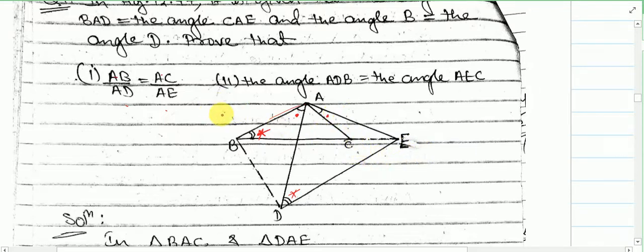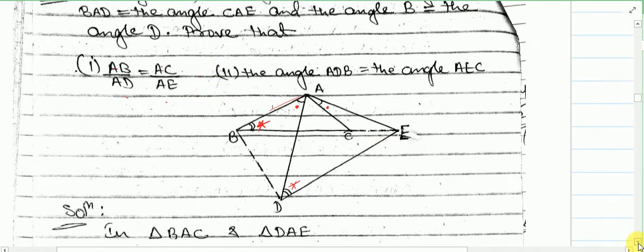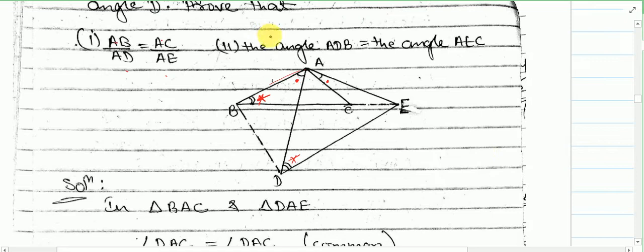So let us see. And second, what we have to prove is the angle ADB is equal to angle AEC. So we have to also prove that this angle is equal to this angle.